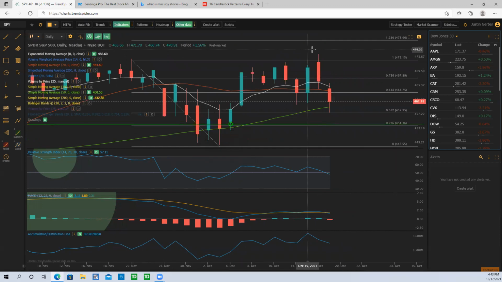So I start with the daily. I'm looking at the big picture first. Looking at a bounce at 457.95 on this fib, but I'm also looking at this 50-day, which is 459.59. So that was also something that I was looking at the beginning of the day.